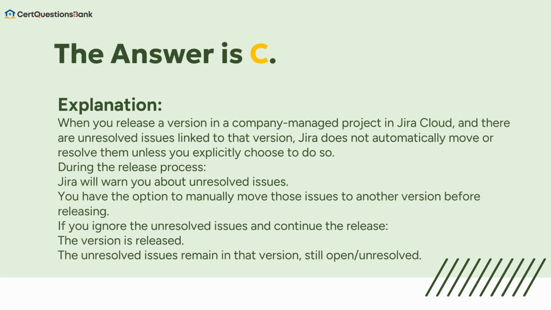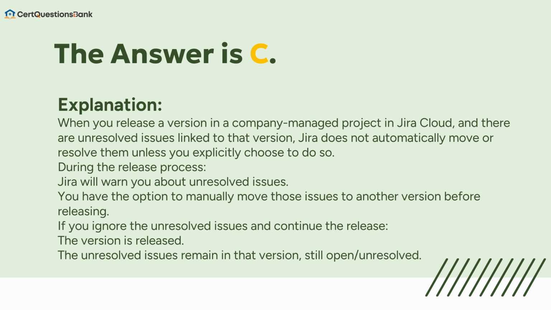The answer is C. When you release a version in a company-managed project in Jira Cloud, and there are unresolved issues linked to that version, Jira does not automatically move or resolve them unless you explicitly choose to do so. During the release process, Jira will warn you about unresolved issues.